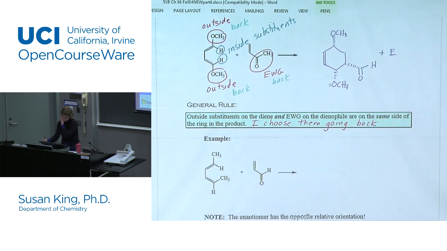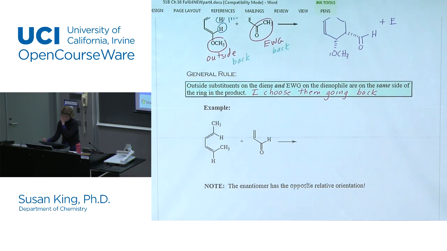All right. So let's look at this one here. We've got a methyl on the two ends here. So we want the outside substituents, so a methyl and a hydrogen, and the electron withdrawing group are all going to be drawn going back. Again, if you draw them forward, that's also correct.